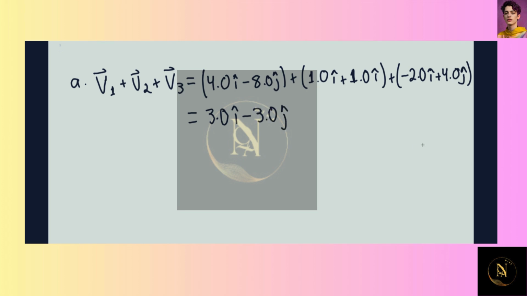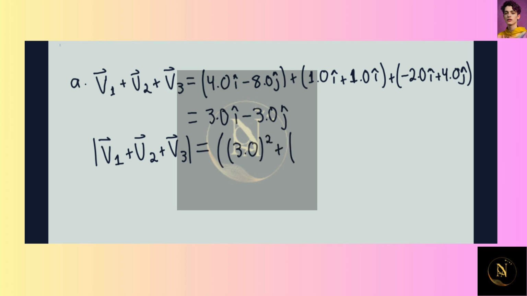So to find the magnitude of the sum, we can take the square root of the sum of the squares. So what I mean by that is it's going to be 3.0 squared plus negative 3.0 squared, to the 1/2 power, and this is going to equal 4.2.